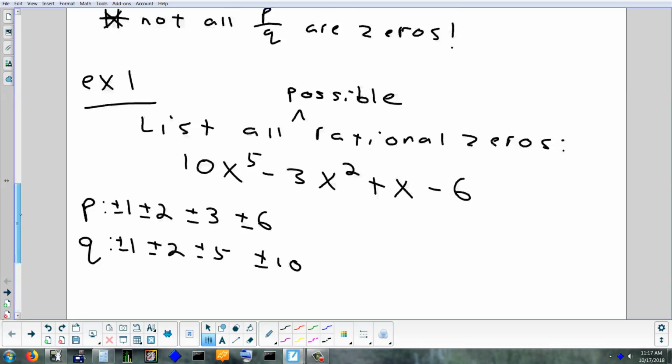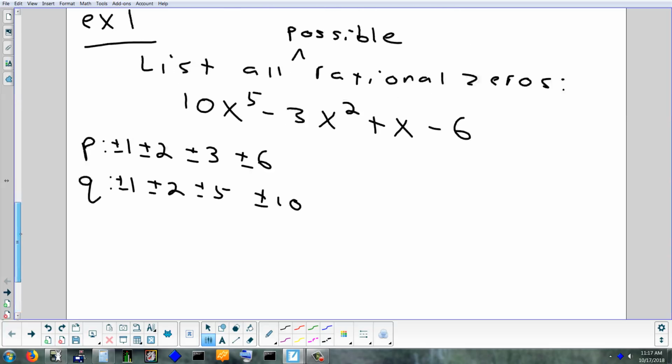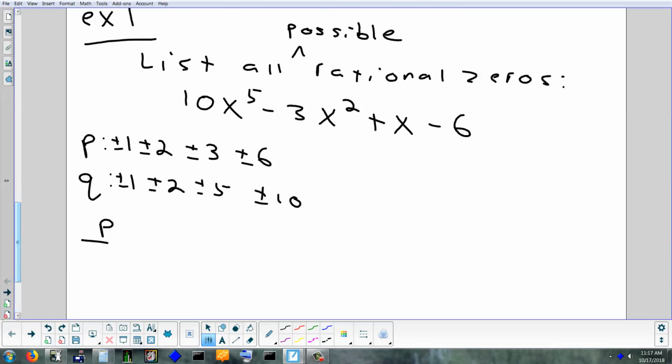Now, if there's a rational root, it's of the form p over q. So now you have to write all the different p over q's you could have. Every different p divided by every different q, which seems like it could be kind of hard, but as long as you do it systematically, it's not bad.